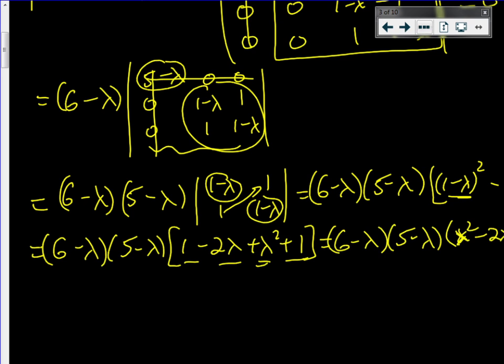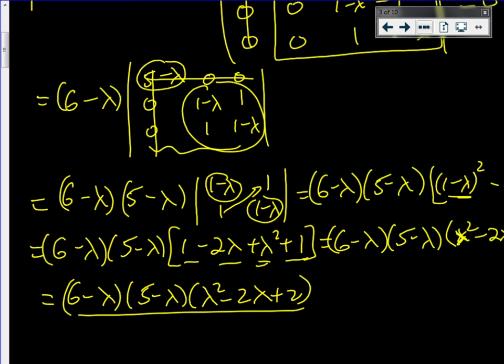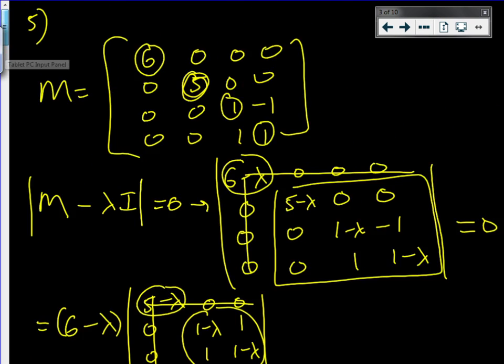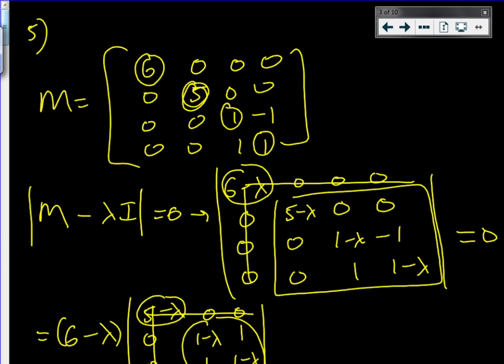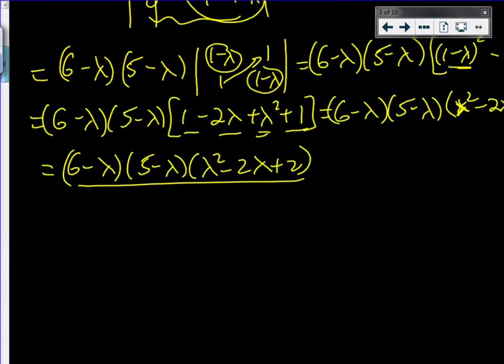Let me write it down because part of it you may not see. This right here, that's the answer to part A. That is the characteristic polynomial. Let me put A there for completeness.